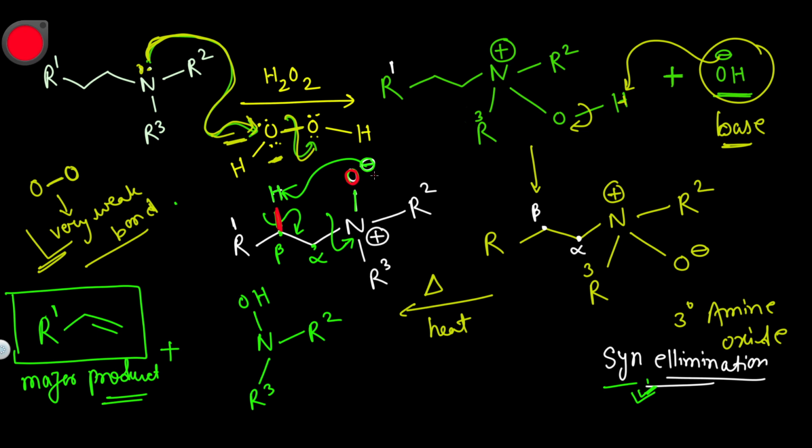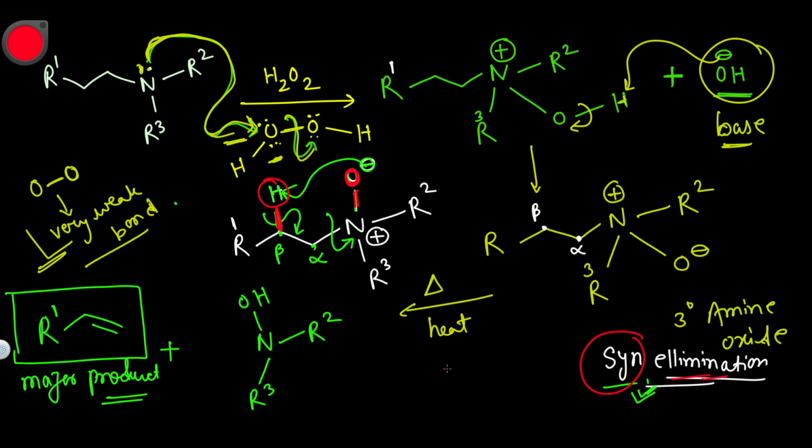Because this O minus is acting as a base, right? So the work of a base is to take a proton. So how will it take a proton? Both O minus and this proton should be on the same side. That's what I am trying to say. In the Cope elimination, there will be a syn elimination.